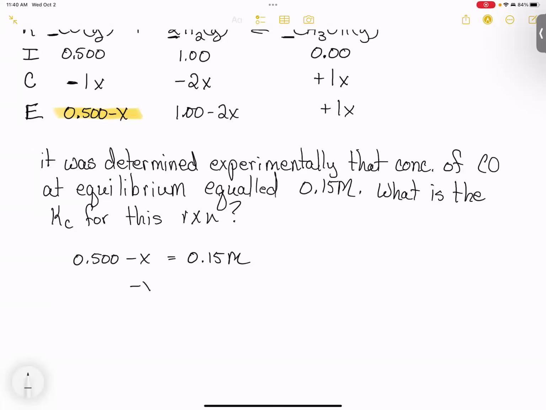So a negative x is equal to negative 0.35 molar. X, therefore, is equal to 0.35 molar.